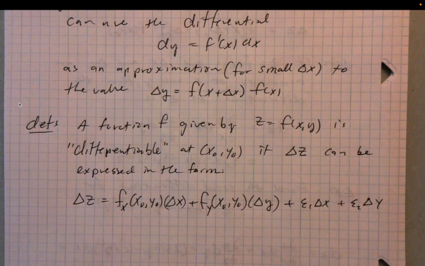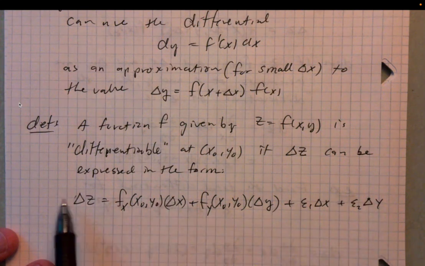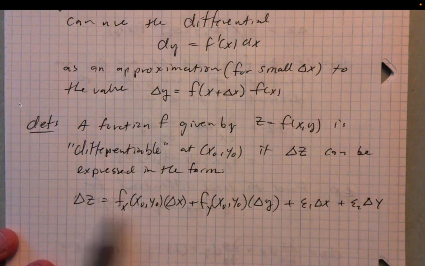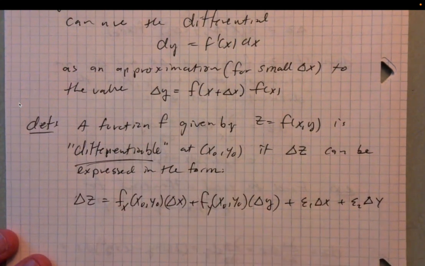If you can express the total increment delta z in this format, then your function f is differentiable at the point.